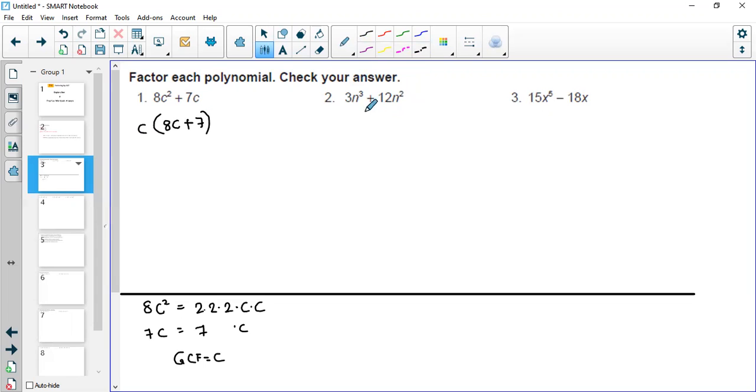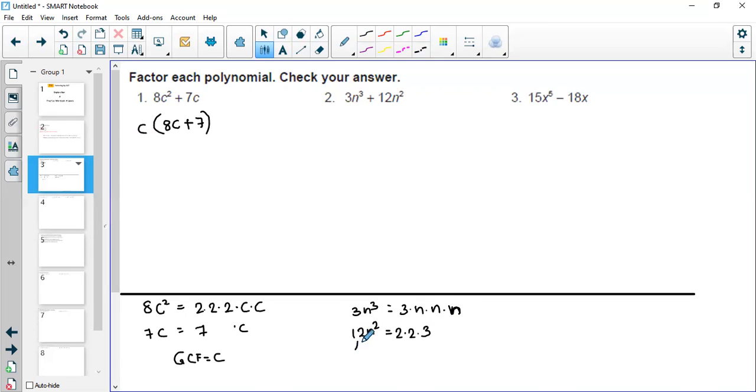Similarly, again, you will be finding the GCF of 3n cubed and 12n squared. So this is going to be 3 multiplied by n multiplied by n multiplied by n, so 3 n's, because 3 is a prime number, so there is no factorization for that. But 12 is not a prime number, so we have 2 multiplied by 2 multiplied by 3.